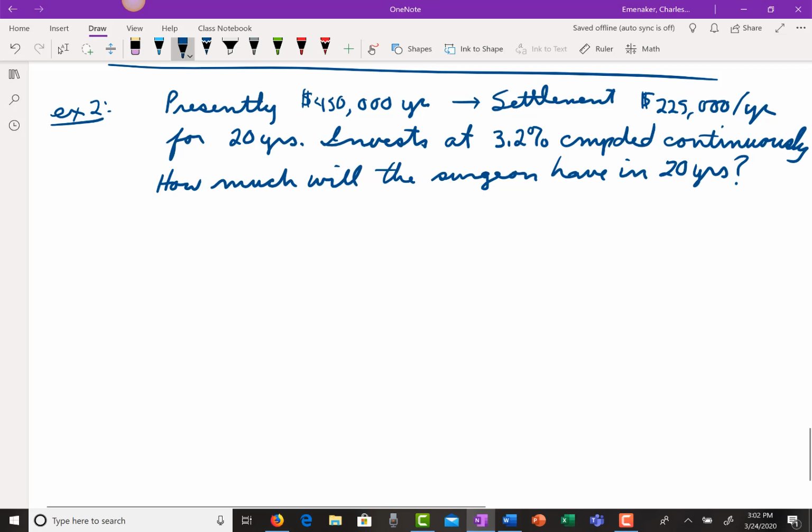But let's assume there's some other income that will allow them to live day to day, and they're just going to take this $225,000 each year, put it into an investment, and then 20 years later come back and see what's there. Okay, question is, what is the future value?